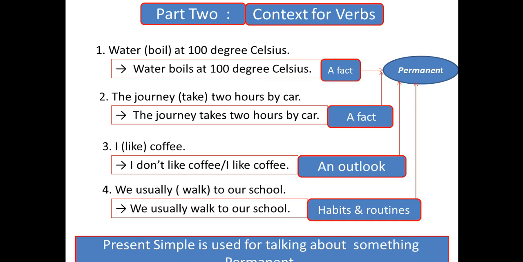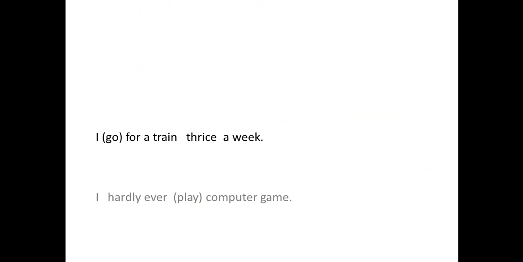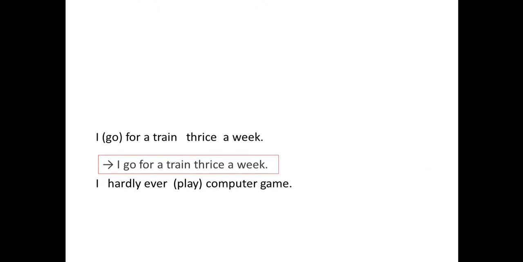So the present simple tense will also determine the forms of verbs, and here the verbs are boils, takes, don't like or like, and walk. So this is present simple. Let's move on for some more examples. And what about the restatement?